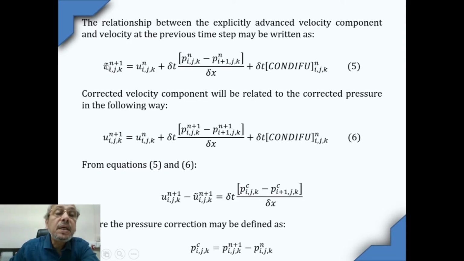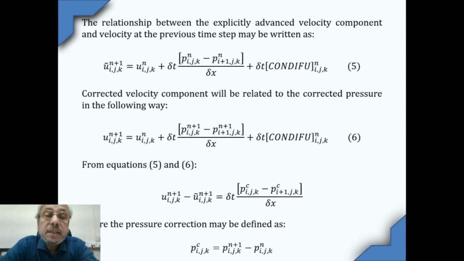the u velocity at the ijk cell at a level n plus 1, but we are using the tilde sign because the pressures that we have used in calculating the u velocity are at a level n. They are not at a level n plus 1. So basically there are two discrepancies.